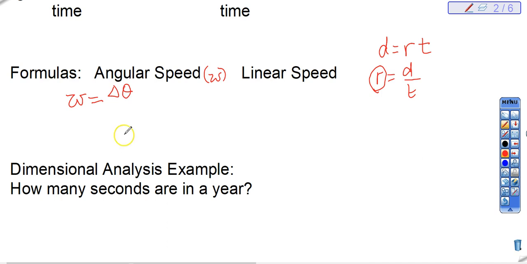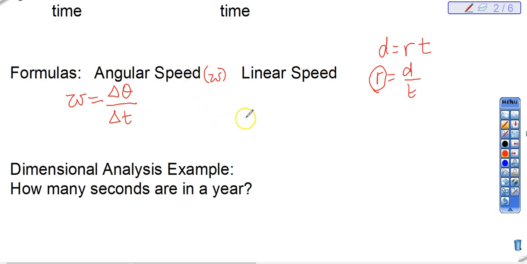So how many radians did you change? How many radians did you spin? Because we're going in a circle. We're stuck on this circular path. That's how you find your angular speed. It's just change in distance, but our distance is being measured in angle, degrees or radians, over your change in time.